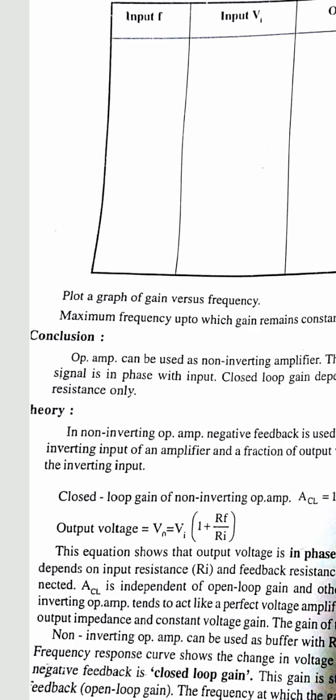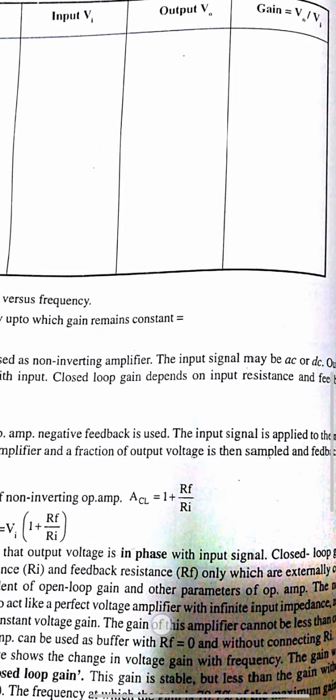Output voltage V0 is equal to VI times 1 plus RF upon RI, where V0 is the output voltage and VI is the input voltage given to the circuit. This equation shows that the output voltage is in phase with the input signal.